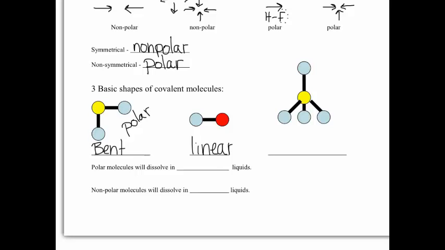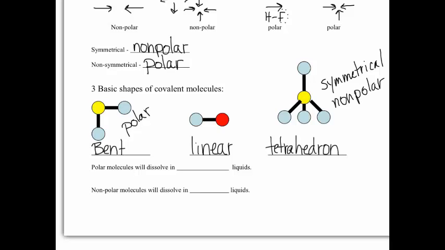And then this last one, we call this tetrahedron. Although it's difficult to tell in the way this one is drawn, this one is symmetrical. A tetrahedron always is, and typically it involves carbon, and it will be nonpolar.